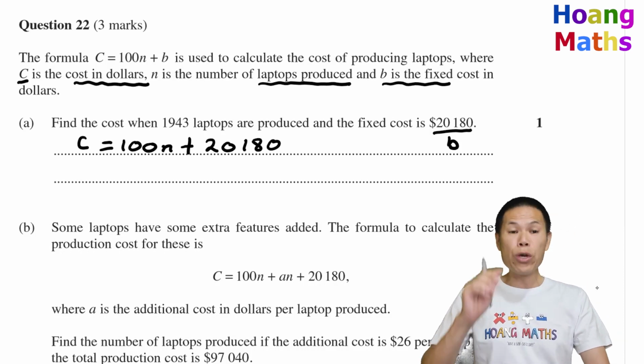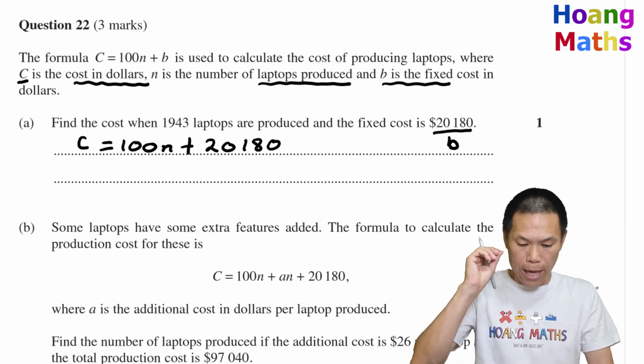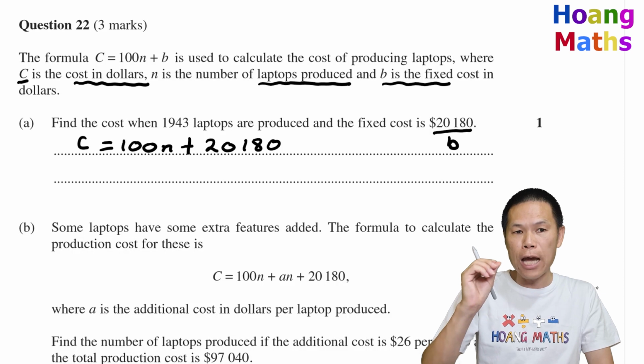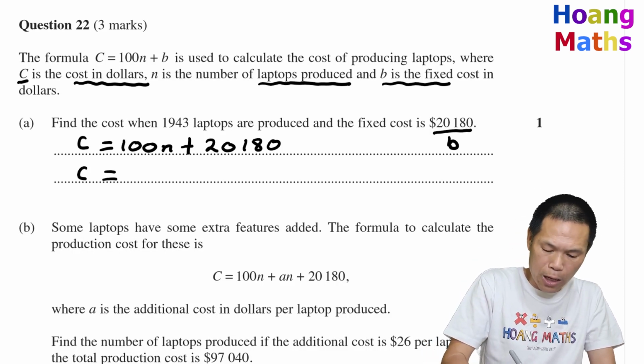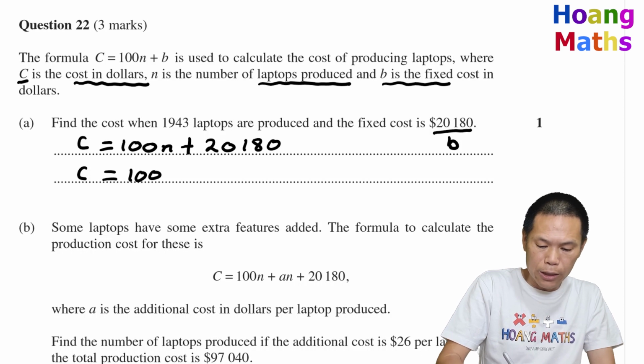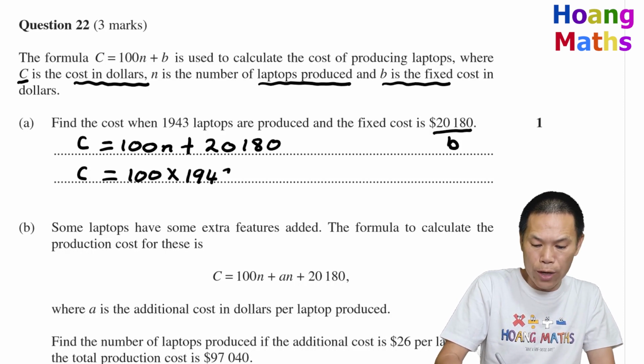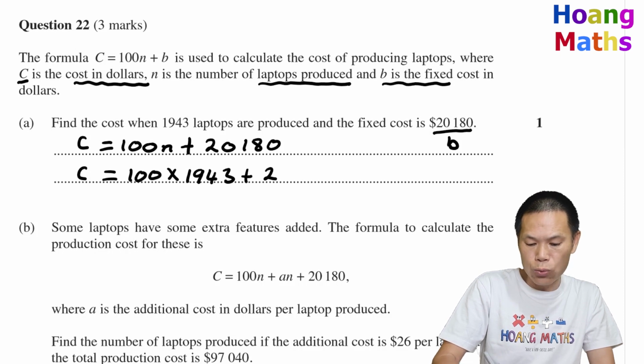So C is equal to 100N plus B, but B is 20,180. So we need to find the cost when N is 1,943. So C is 100 times 1943, we add 20,180.